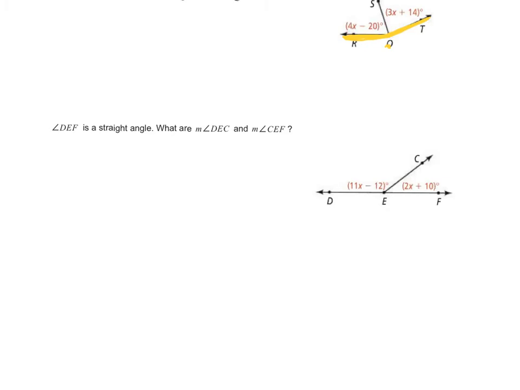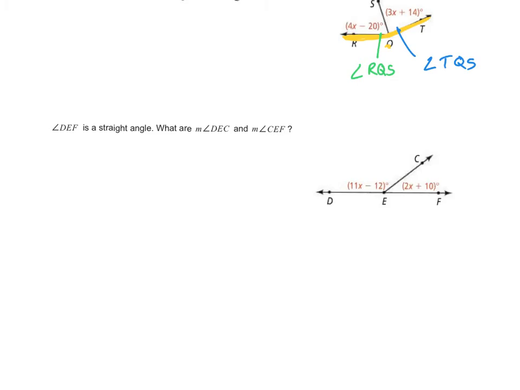Then what are MQS? So grab another color. So this angle is RQS. And this angle is angle TQS, okay? Now, as you can tell, angles RQS and TQS make up angle RQT.